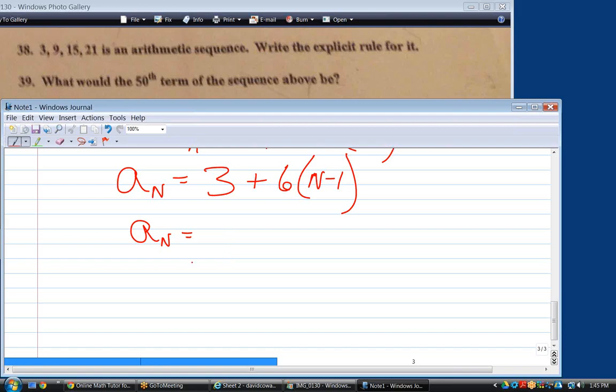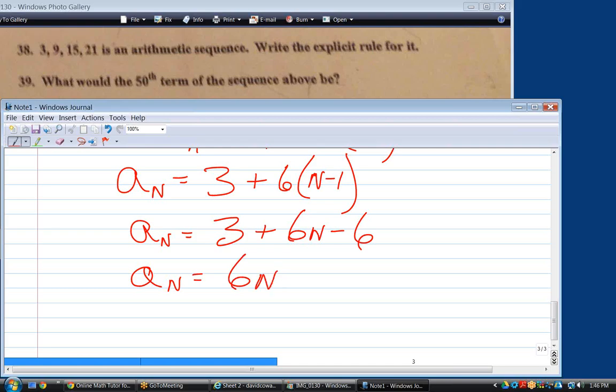In other words, what we're going to do is come up with the nth term. You'll see in a moment. Just simplify that, and we'll see what we get for the nth term. So would it be 9n minus 1? Well, it's 3, and then we distribute the 6. Parentheses first. Okay? Now simplify that. You have 6n minus 3.